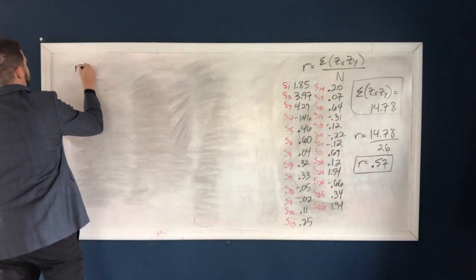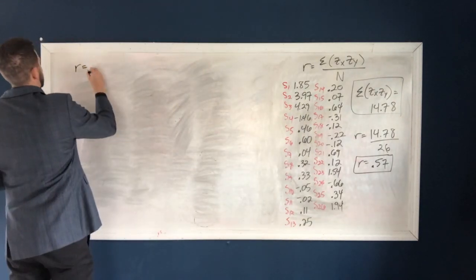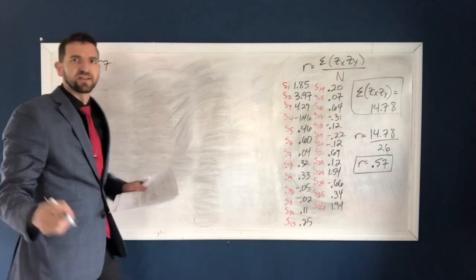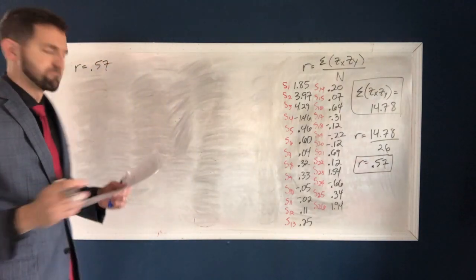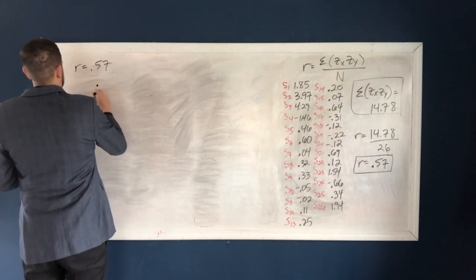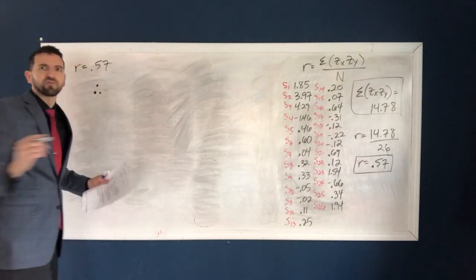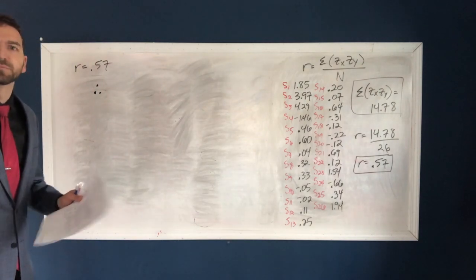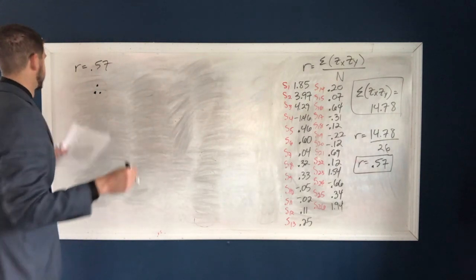Okay, so we determined R is 0.57, okay? So I usually write 3 dots. So 3 dots means therefore.